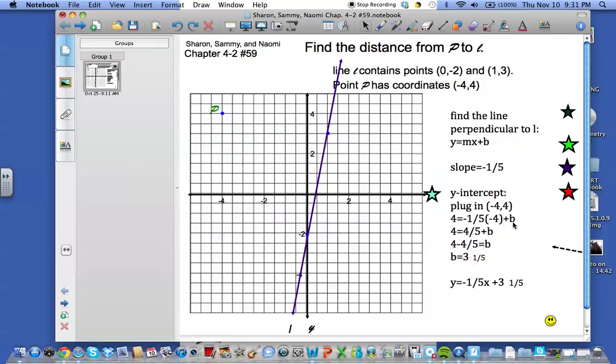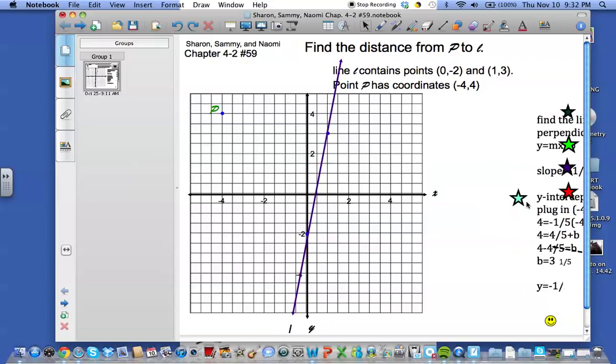So we'll have this, multiply both sides. Multiply -1/5 by -4. And then it turns out we have b equals 3 1/5. So our equation for this line that includes point P is y equals -1/5 x plus 3 1/5.